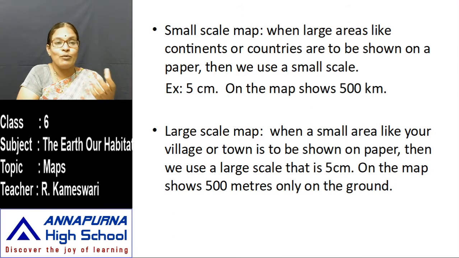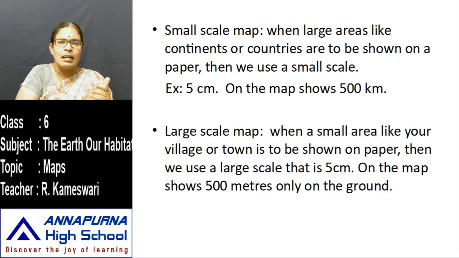Which type of scale do you use at that time? The small scale. Large areas you want to fit in a small piece of paper, at that time you can use the small scale. So such types of maps are called small scale maps.